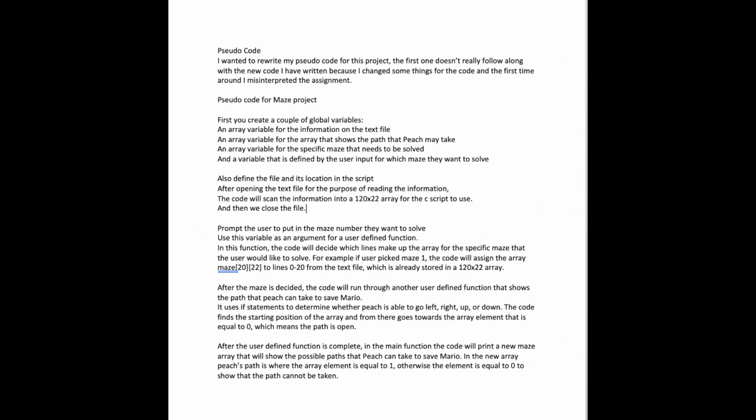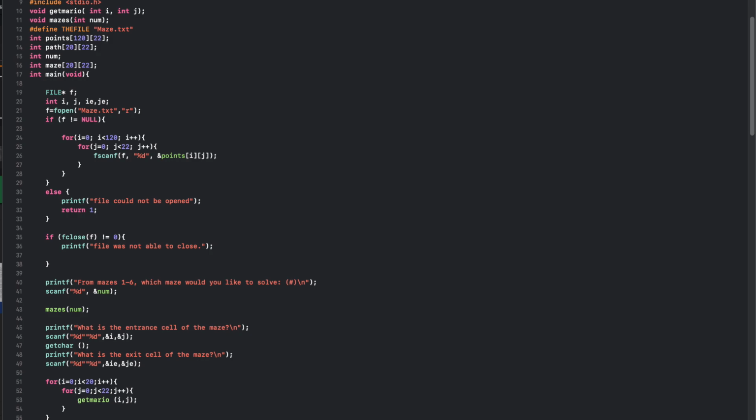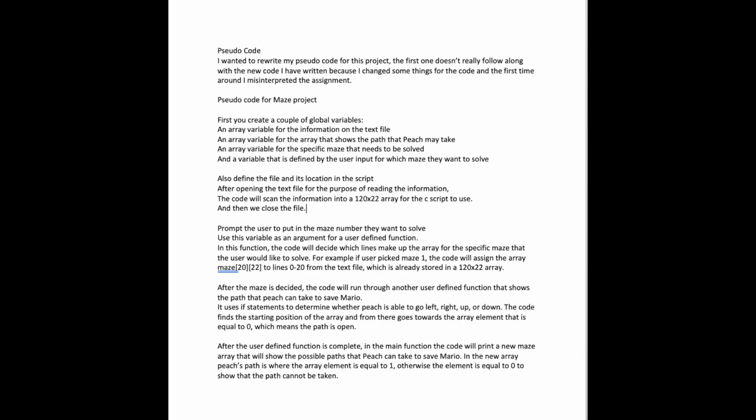After assigning all of these variables, we will get into the main function of the script. This is when we open the text file so the code can read the information on the file. But before we open the file, we have to define the text file and its location. In the script, the file is defined at the top after the user-defined functions, and in the main body, the fopen function is being used to open the file, and it is in mode R, which is for reading.